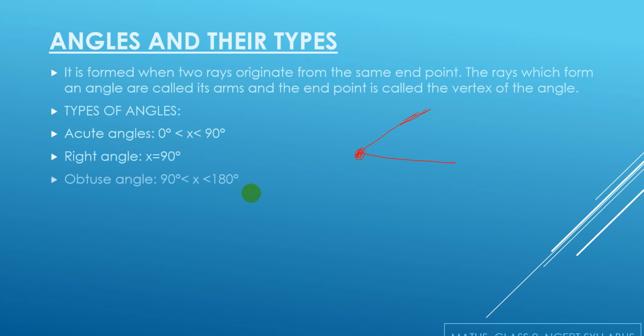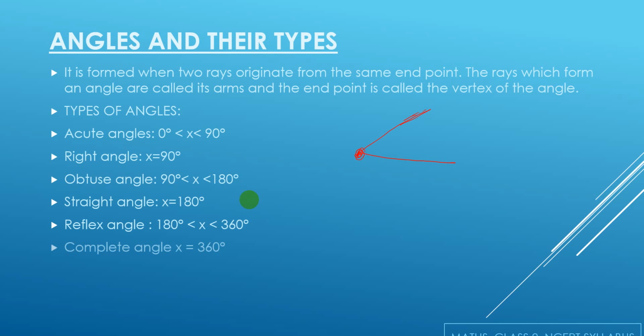Next comes obtuse angles, which are greater than 90 degrees but less than 180 degrees. Your straight angles, which are exactly equal to 180 degrees or two right angles. Reflex angle, these angles lie between 180 degrees and 360 degrees. And then comes your complete angle, which is equal to 360 degrees.